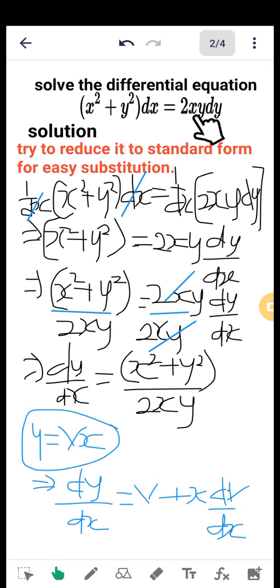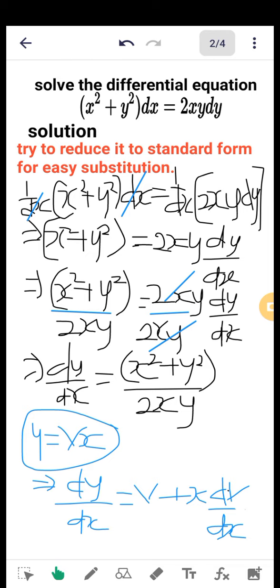The degree of x is 1 and that of y is 1, so 1 plus 1, we are getting 2. So both the terms are of degree 2.